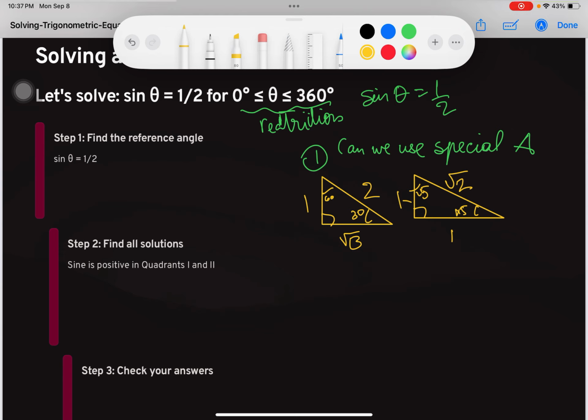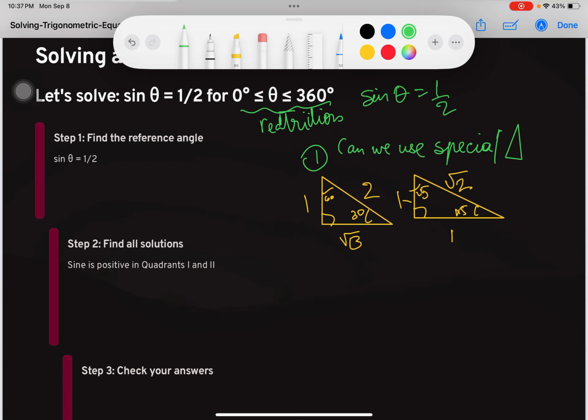So is it a special triangle? Yes or no? If we can use it, then it's pretty much the exact value.